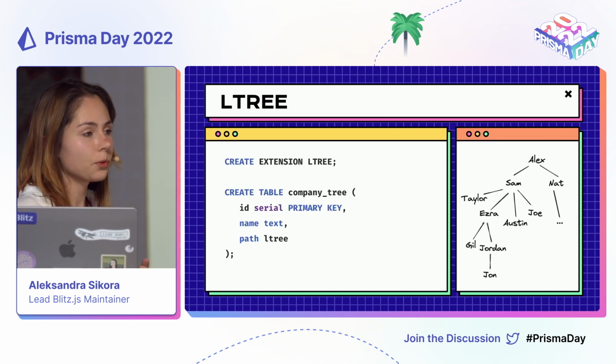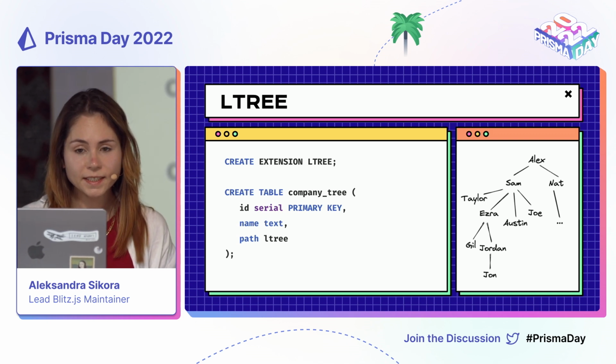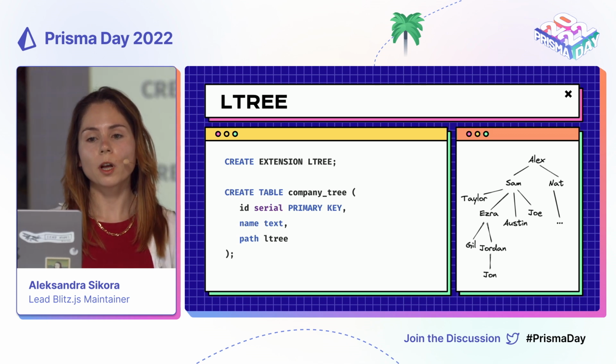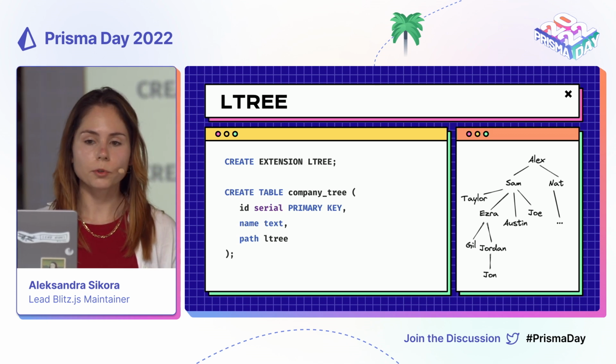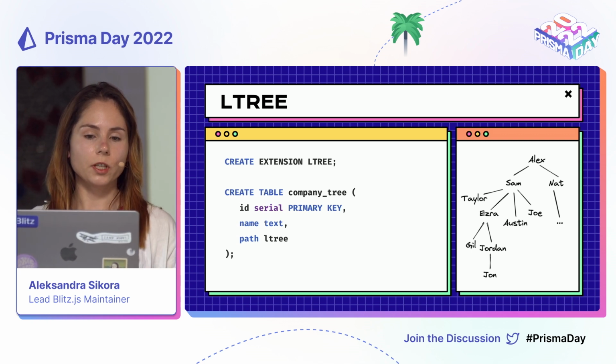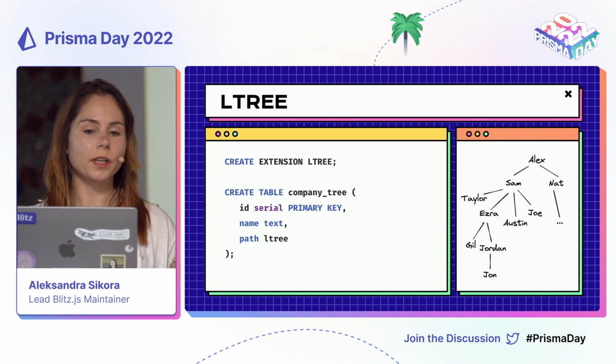We can do that with the Ltree extension. This is included in the standard Postgres package, so you should be able to load it in most servers. You can do this with the create extension ltree command, and then you can use the ltree type for your column type.